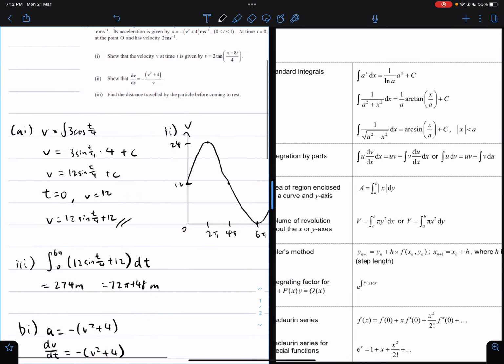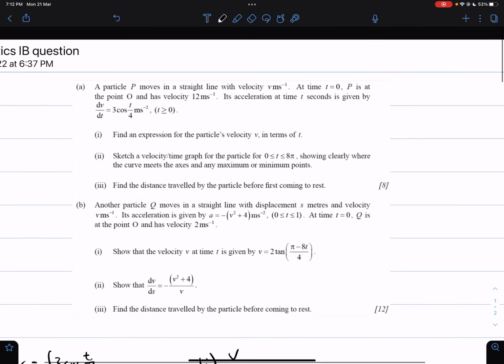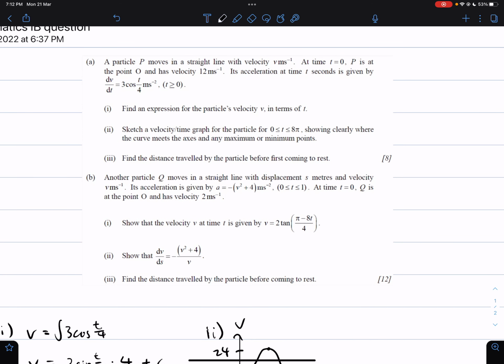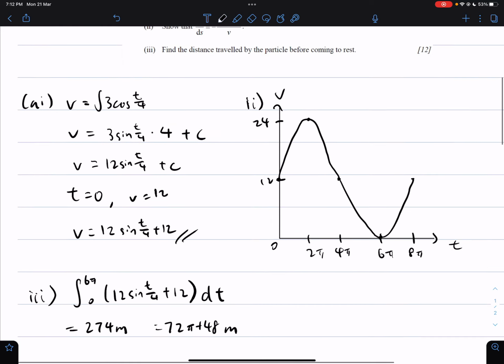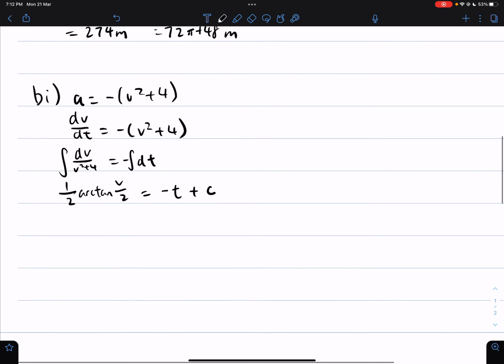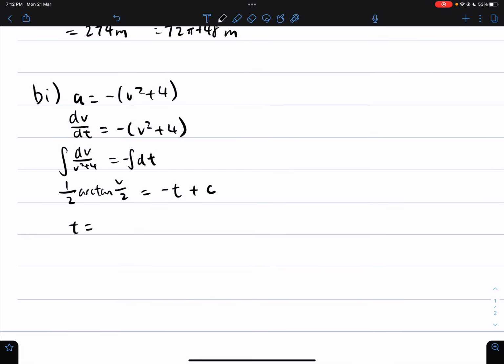Okay, and looking at the question again, we see that at t equals 0, Q has a velocity of 2 meters per second. So once again, we have to sub in t equals 0 and v equals 2 to solve for c, and we get c equals pi over 8.